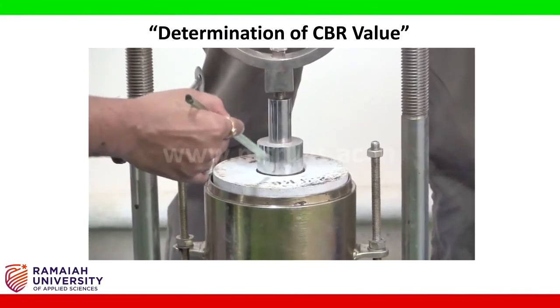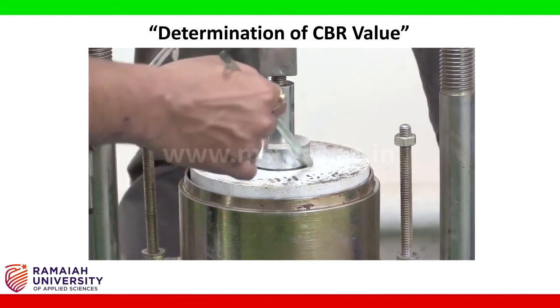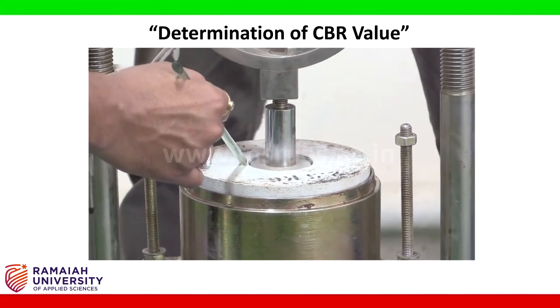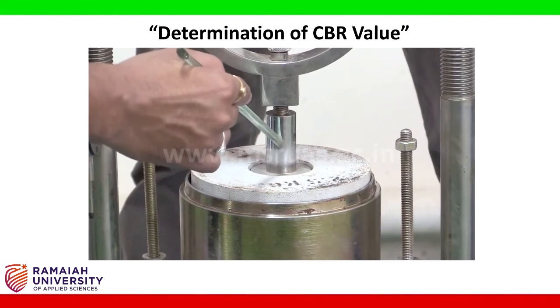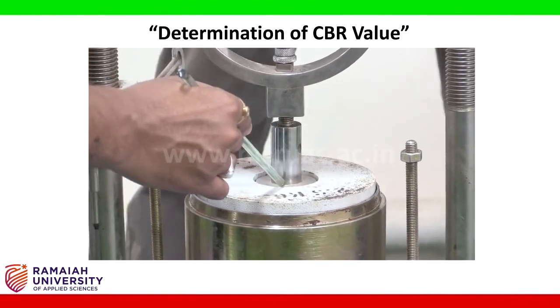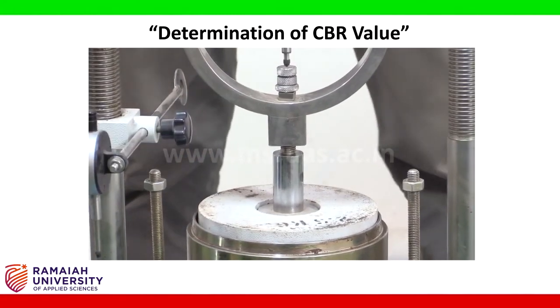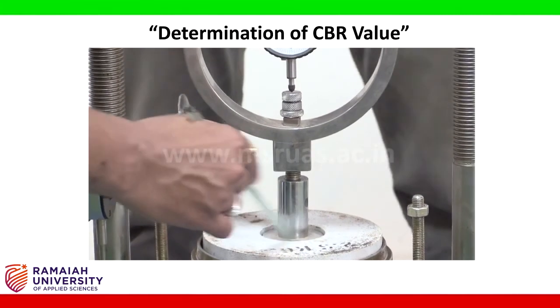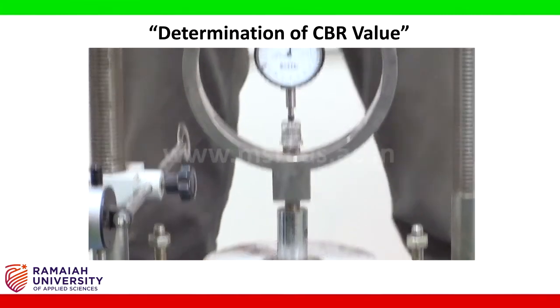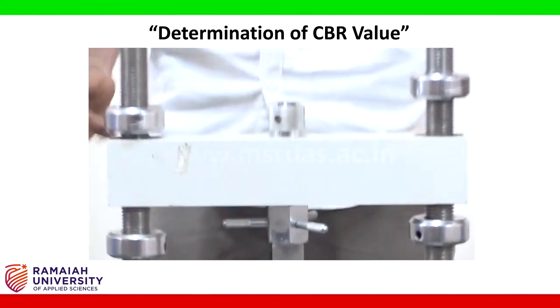Now you can see that this plunger is passing through the aperture which I explained at the beginning of this test. The plunger passes through the aperture of 53 mm diameter and sits on the specimen. Once you ensure proper seating of this plunger, it is time to tighten the screws of the reaction frame.